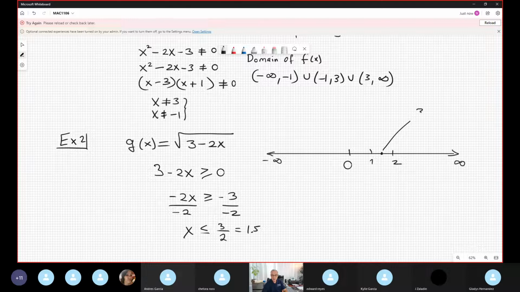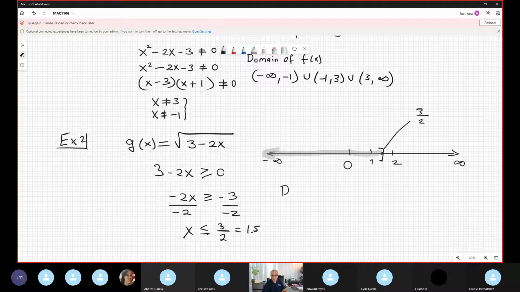1.5 is 3/2. Therefore, my domain is the numbers less than or equal to 1.5, so you highlight in that direction. Include 1.5, of course, yes, because the equal sign means we can include 3/2, 1.5. You represent it with a bracket here.